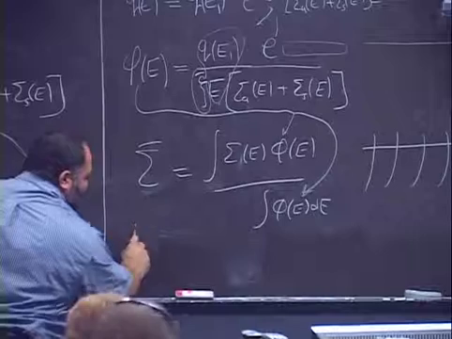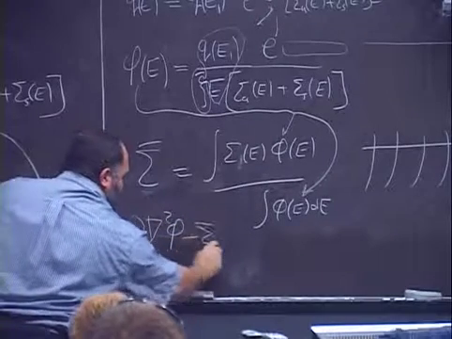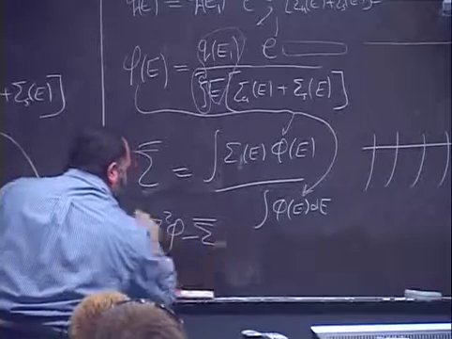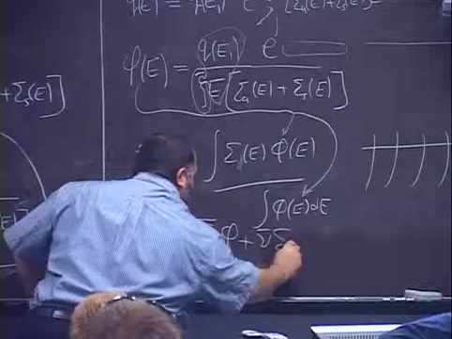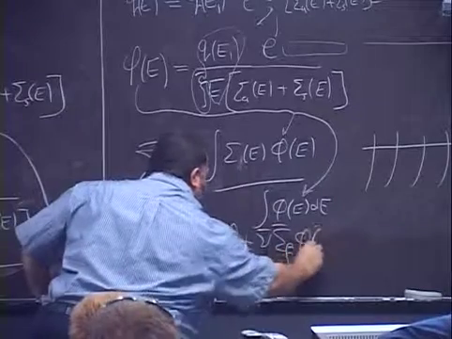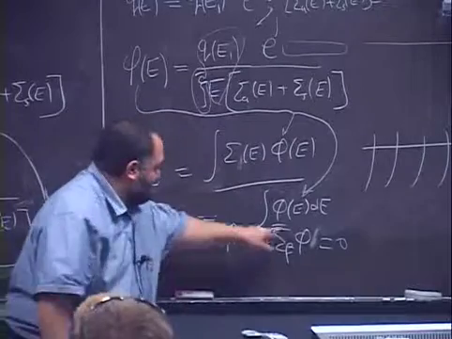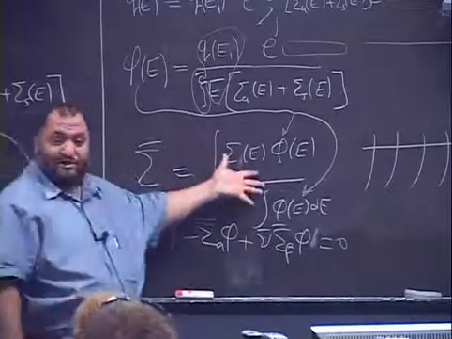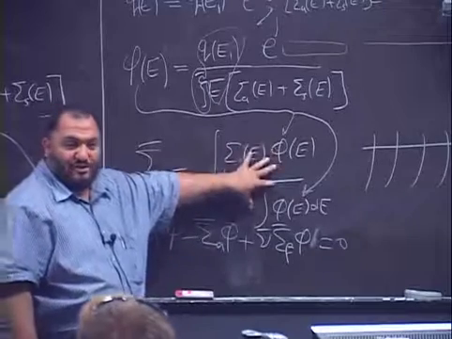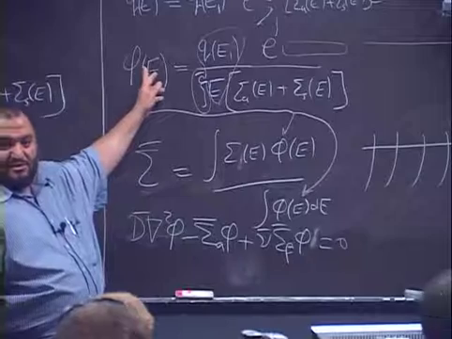Use it in D nabla squared phi minus sigma absorption phi plus nu sigma fission average phi equals 0. All those average values come from this averaging.